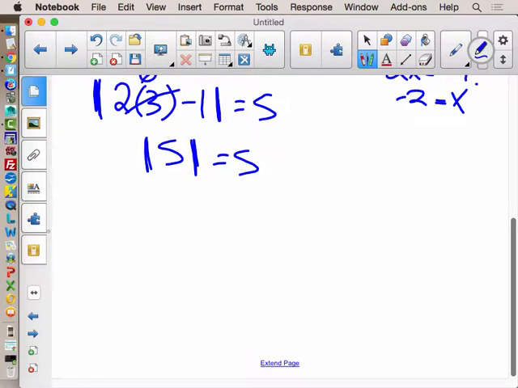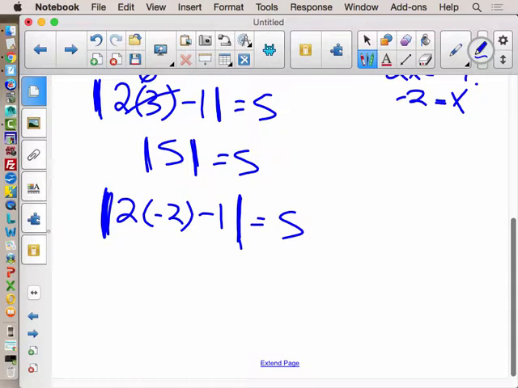Let's do the other one. 2 times negative 2 minus 1 in absolute value brackets. This becomes negative 4. Negative 4 minus 1 is minus 5. And the absolute value of negative 5 is 5. Checks out, right? All right, let's move on to example number 2.